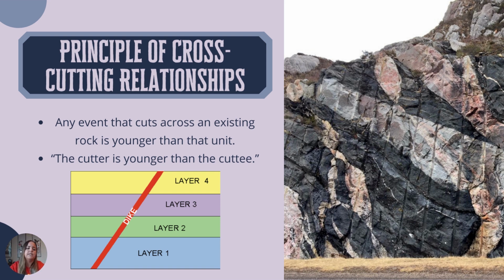All right, and then we have the principle of cross-cutting relationships. This says that the cutter is younger than the cuttee. Whatever is penetrating through layers or affecting those layers, whether it's a fault or a dike or an intrusion of some kind, is younger than the layers it's cutting, because those layers 1 through 4 in this diagram had to exist for that dike to cross through all of them.